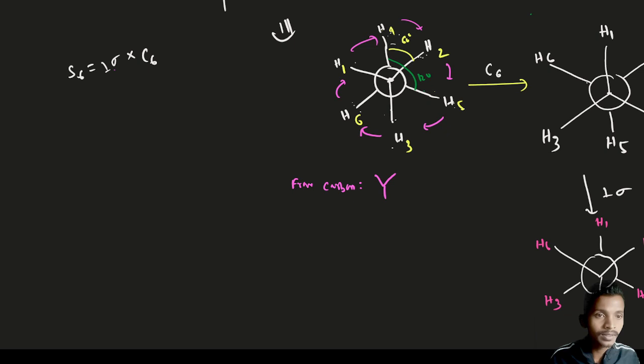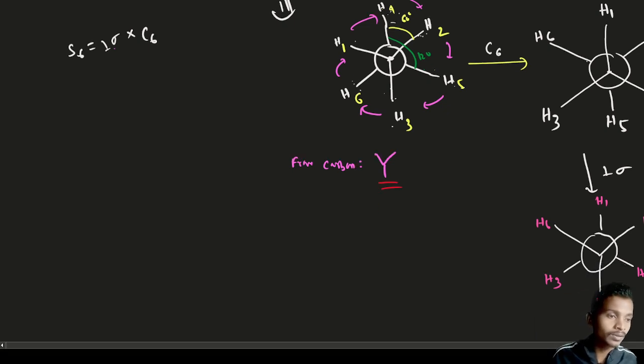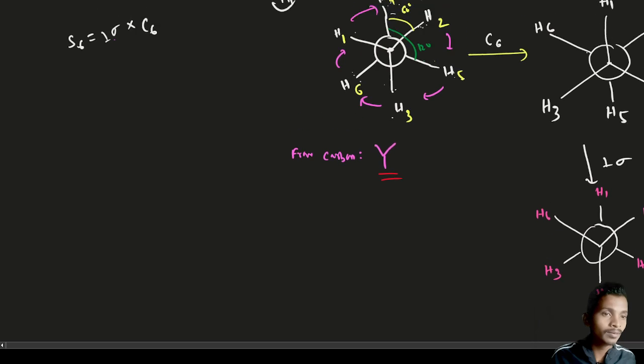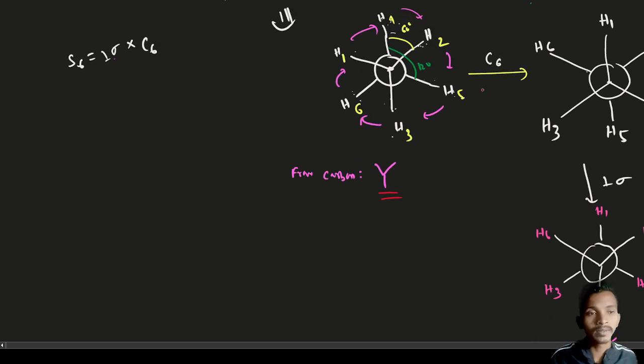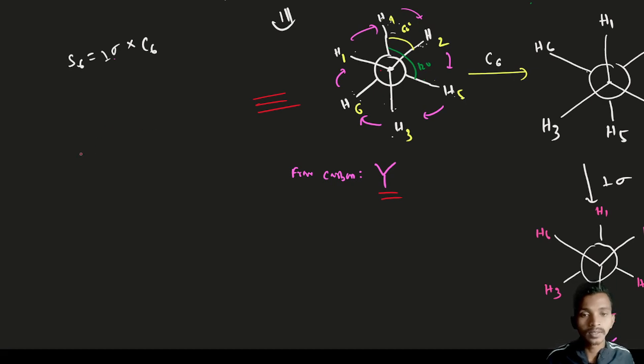So this y, straight y, and this is also straight y, means why I'm saying straight y, because this molecule is actually like this, that is actually like this.